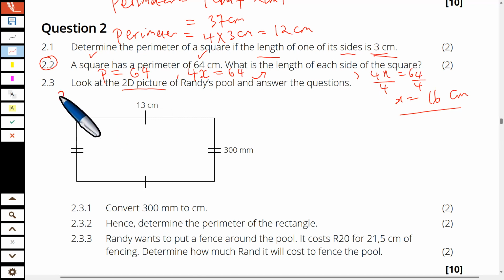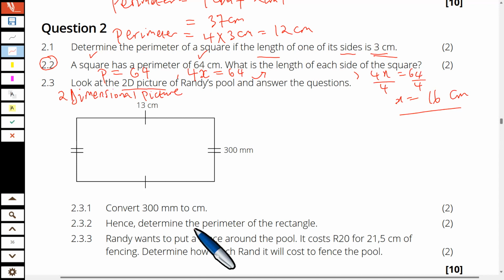But in mathematics, we mean it is two-dimensional. The D stands for dimensional. So we are speaking about a two-dimensional picture of Randy's pool, and here is Randy's pool, and we can see it.